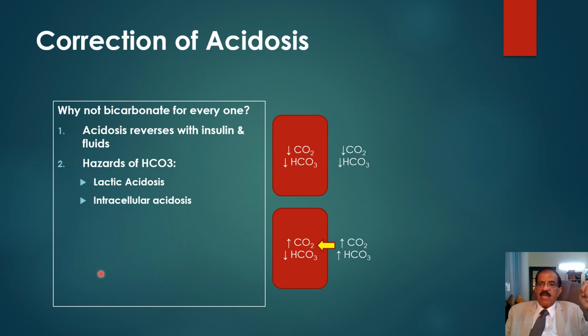It is recommended only when there is severe acidosis, that means pH of 6.9 or less, and only sufficient to bring it to the safe level, which is 100 millimoles in 500 milliliter saline and infused over maybe 2-3 hours.